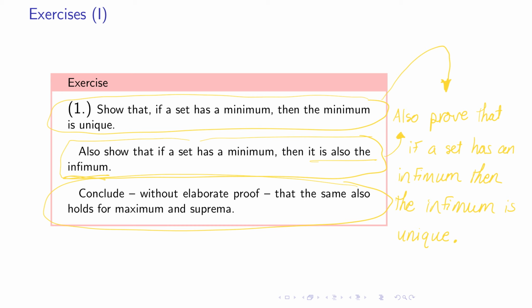And so you can get a really short and concise proof of this extra tacked on exercise by appealing to what you showed here, although not for the minimum, but instead for the maximum. But in any case, there's your first exercise.